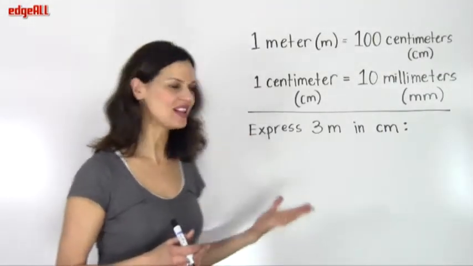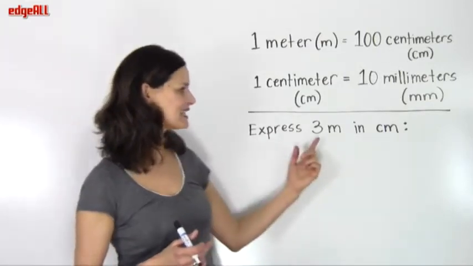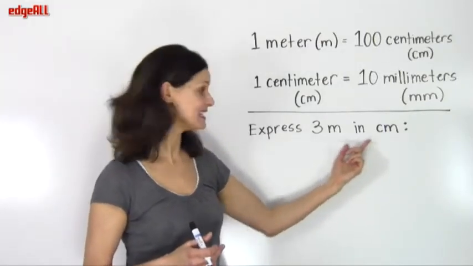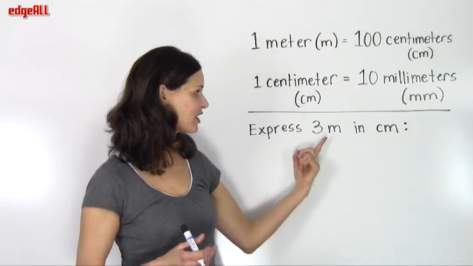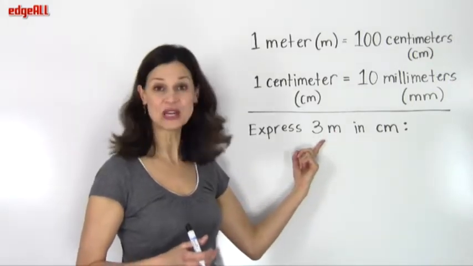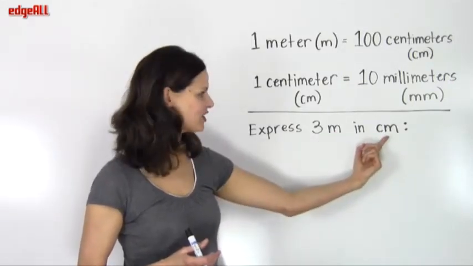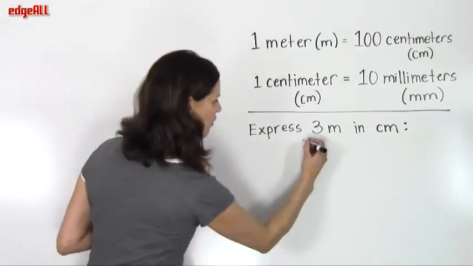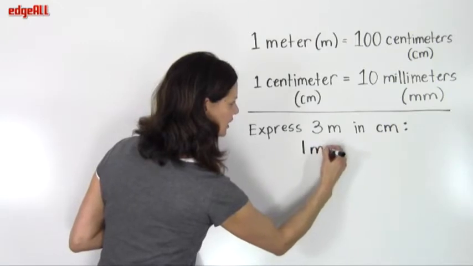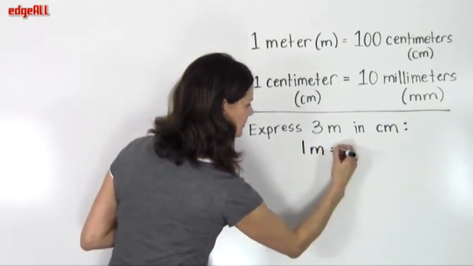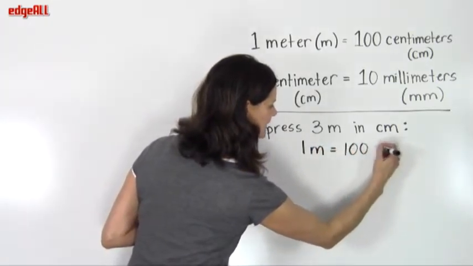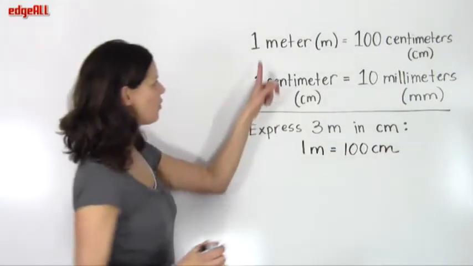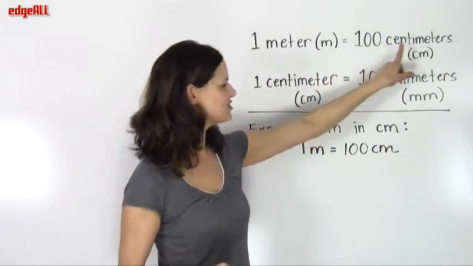Our example asks us to express 3 meters in centimeters. So here the meter is the bigger unit and centimeter is the smaller unit. We also know that 1 meter is equal to 100 centimeters.